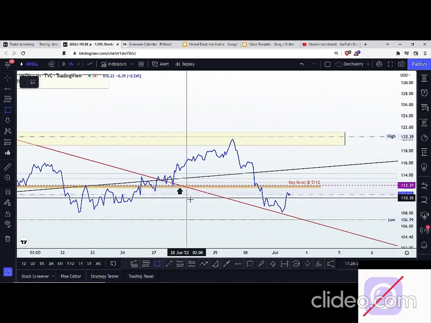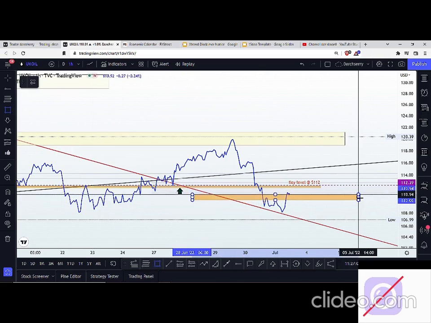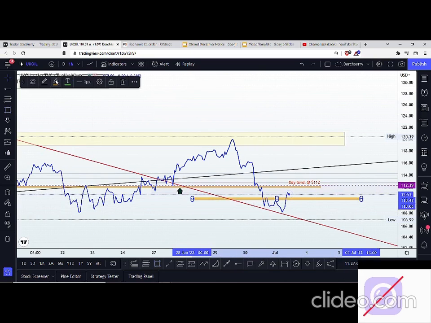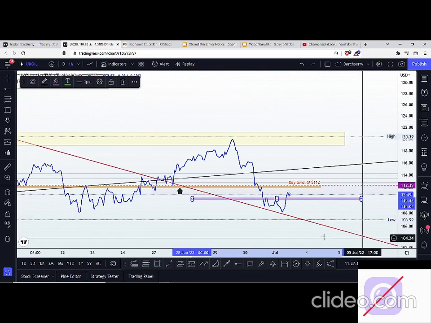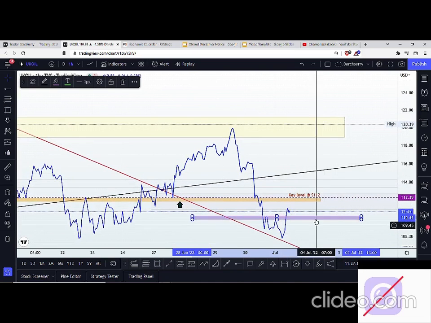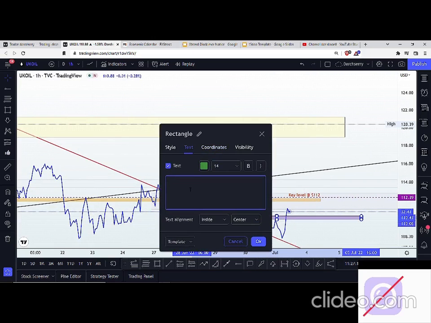I want to see it right between here and here. So we have it at around $110. I want to give this a purple color to differentiate it from our major key level that served us during the week. So we have a neckline sitting at around $110.